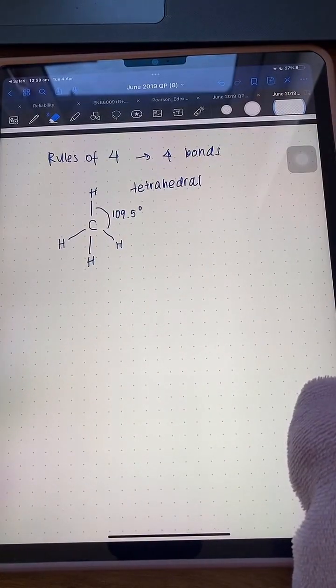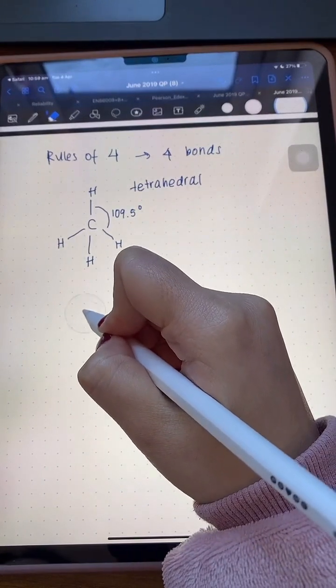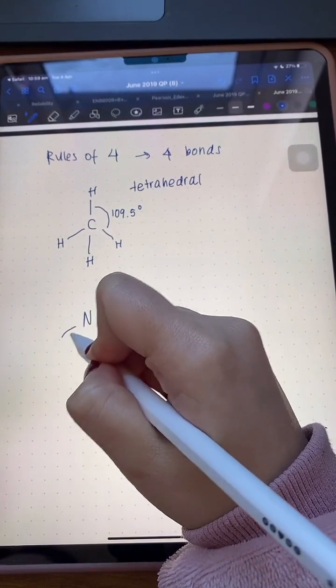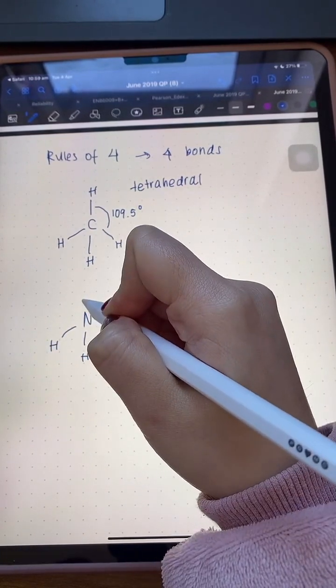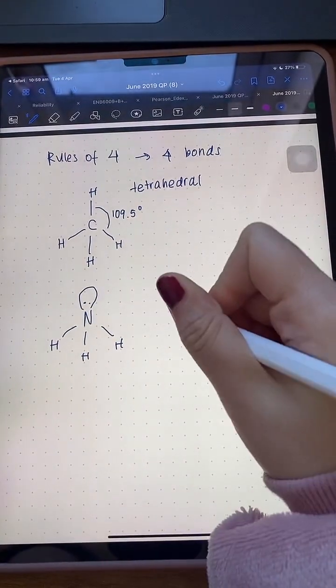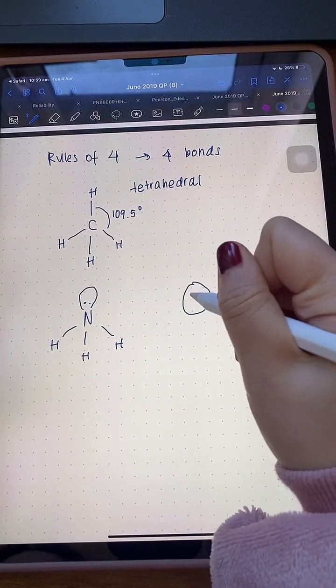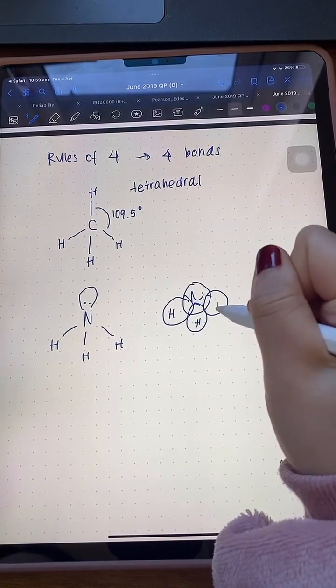Then that means if you have ammonia, again, imagine it's 3D. Ammonia has a lone pair at the top. How do we know that? We can actually draw the ammonia if you want. So N, H, H, H, single bonds with hydrogen.